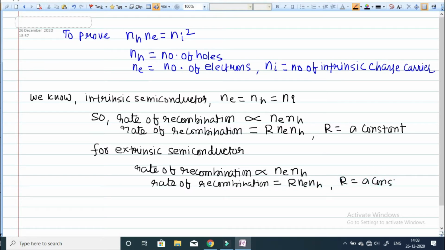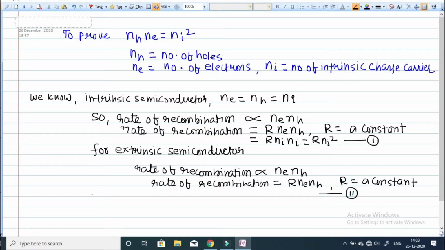But in case of intrinsic semiconductor, what we have seen, when we write down this equation, R into Ne into Nh, number of electrons is equal to Ni, and number of holes is also equal to Ni. So basically we can write down R into Ni square. This will be our equation number 1, and this will be our equation number 2.